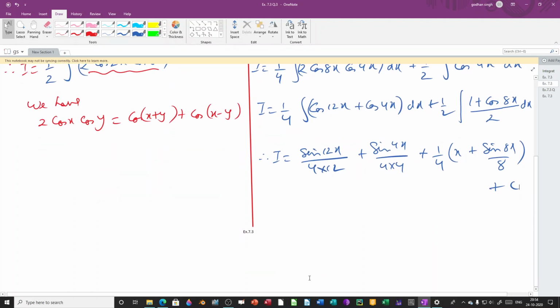So we will be getting, therefore, I equal to sine 12x over 48 plus sine 4x over 16, plus here we can write this as plus sine 8x over 8 into 4, that is 32, plus x by 4 plus c.